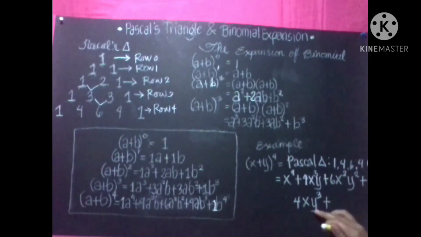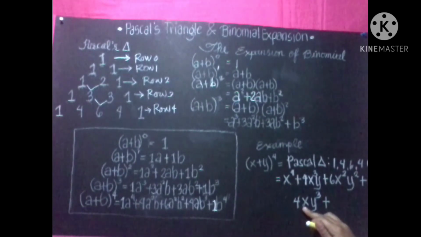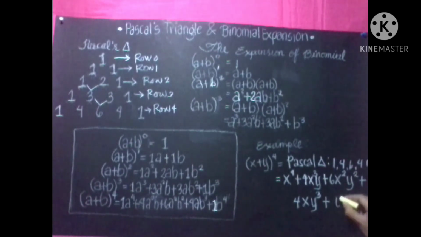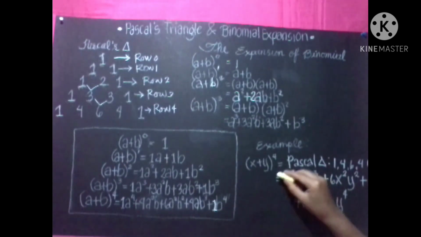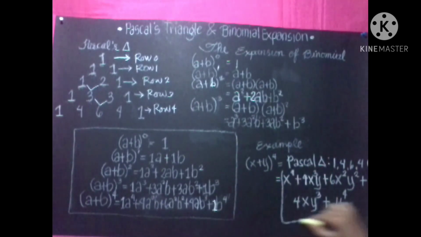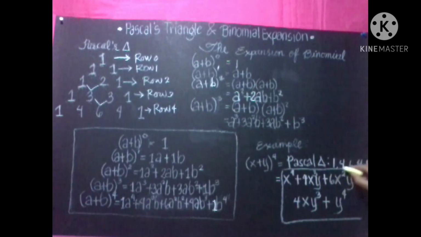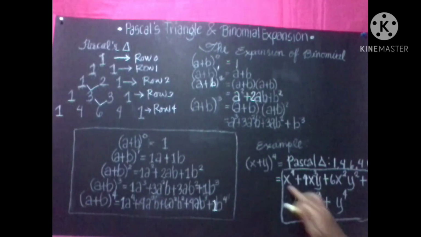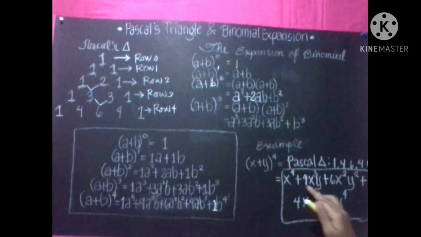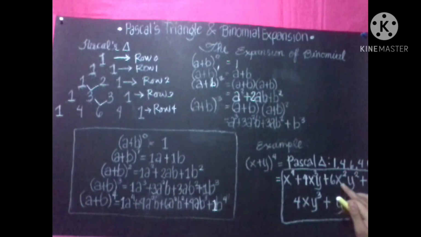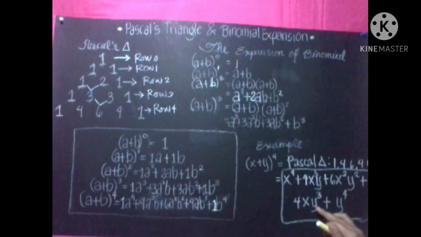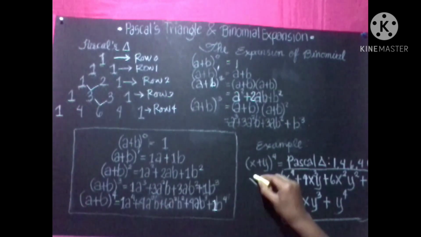What's the remaining? X goes to 0, so it is eliminated, so y to the power of 4. So this is our answer: x to the power of 4 plus 4x cubed y plus 6x squared y squared plus 4x y cubed plus y raised to the power of 4, and this is the result.